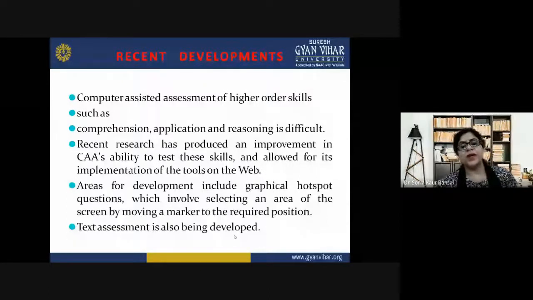Areas for development include graphical hotspot questions, which involve selecting an area of the screen by moving a marker to the required position. So text assessment is also being developed.